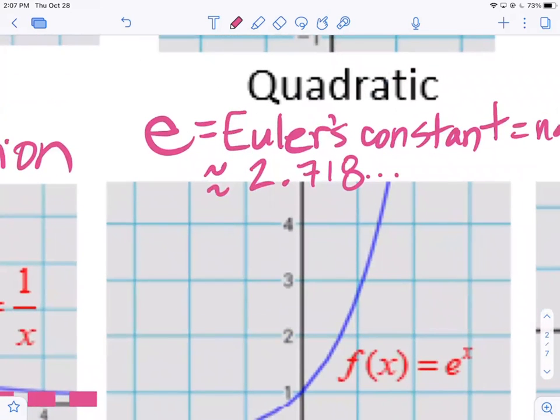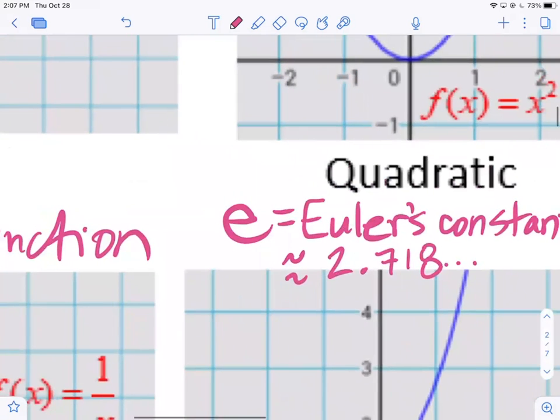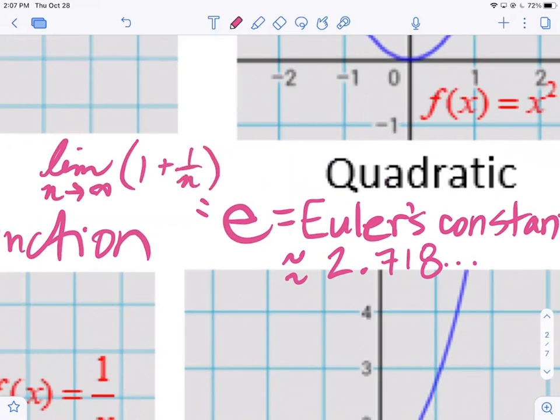In fact, it's equal to the limit as n goes to infinity of 1 plus 1 over n to the nth power. Y'all recognize the limit there? The formula behind it is the formula for compound interest of money.